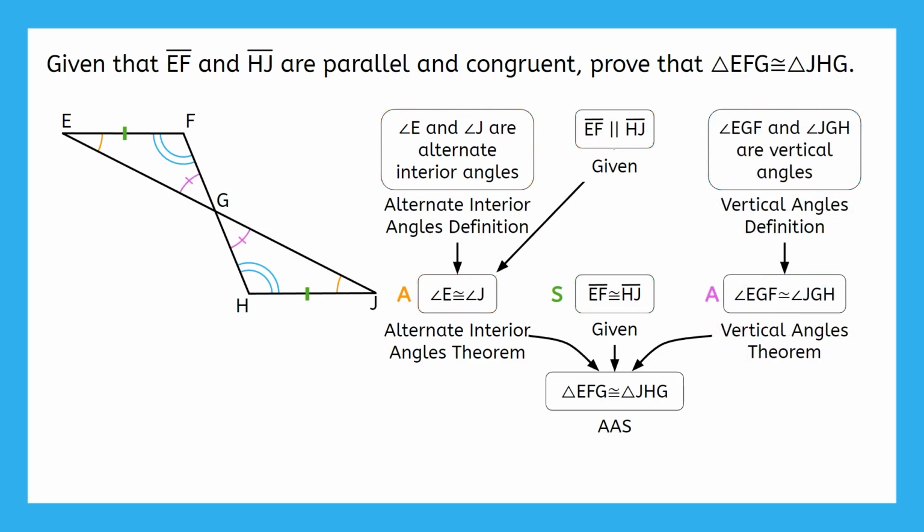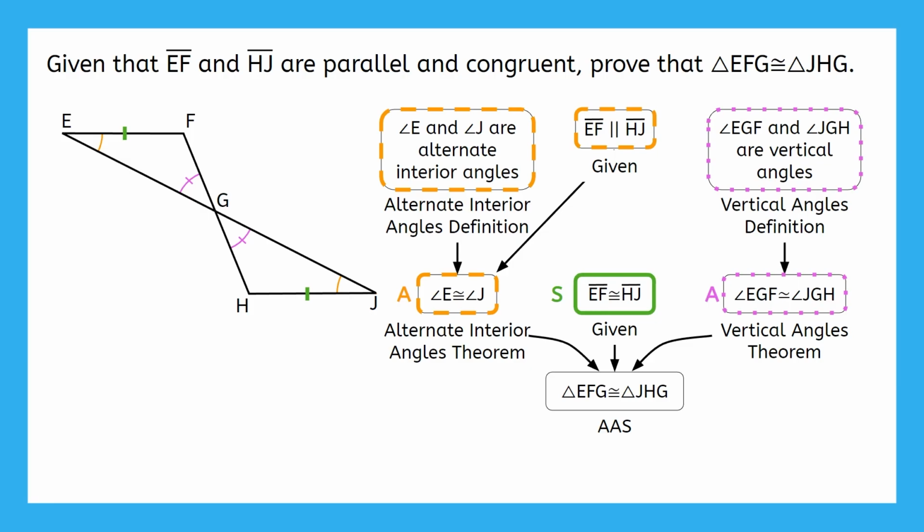The two flowcharts using angle angle side are going to look almost identical. This one uses angles E and J, so let me get rid of the congruence marks for F and H to make my picture easier to follow. We have one branch for the alternate interior angle congruence, one branch for the vertical angle congruence, and one branch for the side congruence.